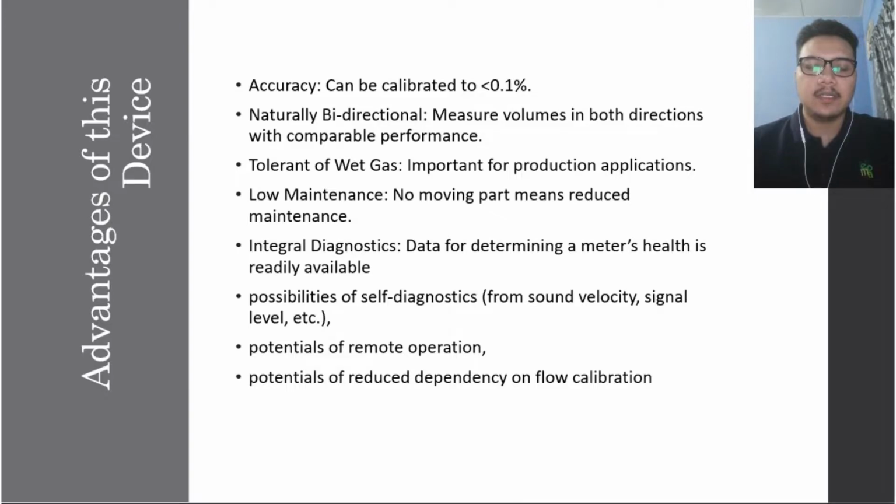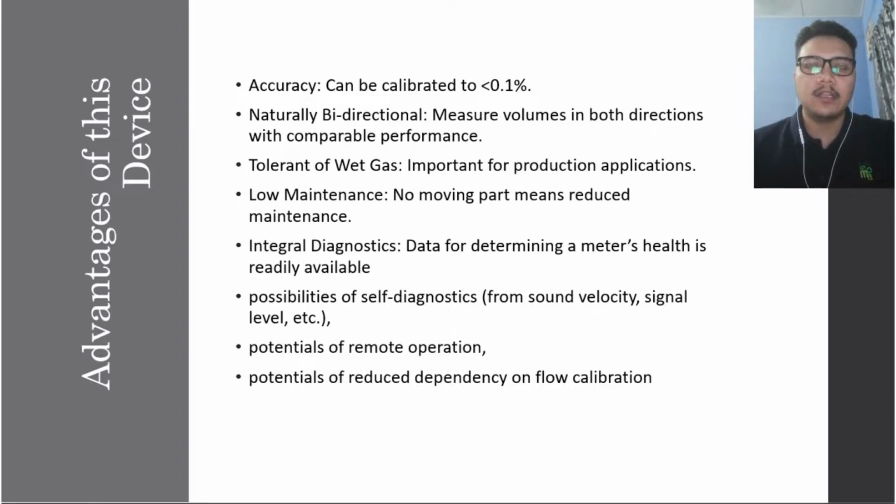So first, the device has high accuracy, which can be calibrated to less than 0.1%. Next is naturally directional, which means it measures volumes in both directions with comparable performance.